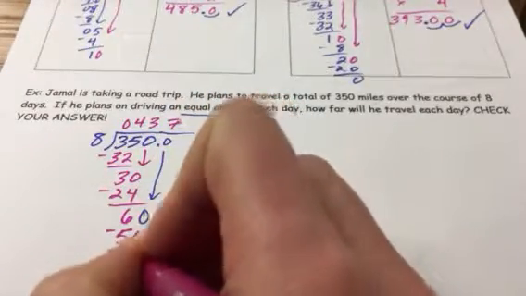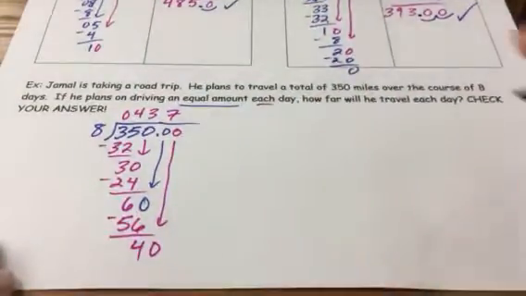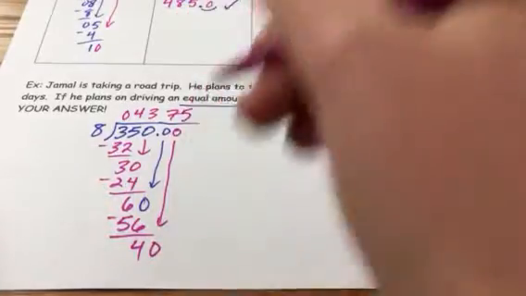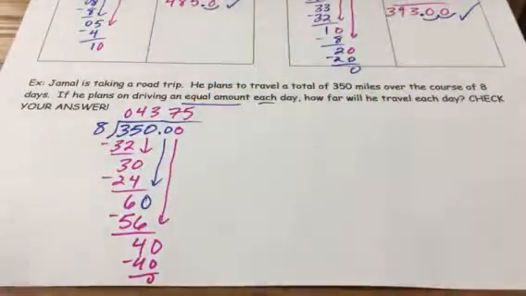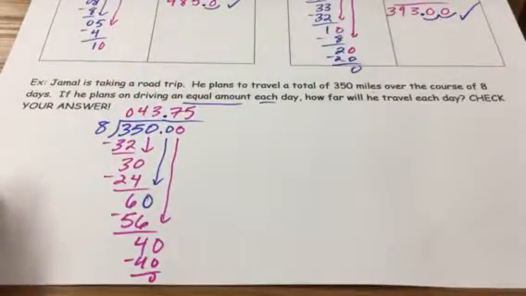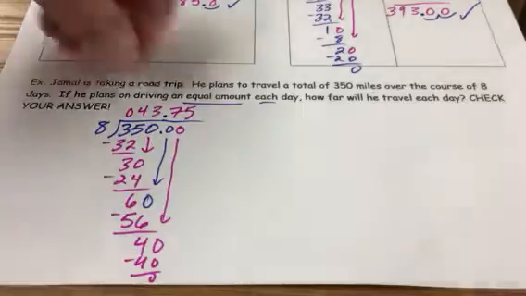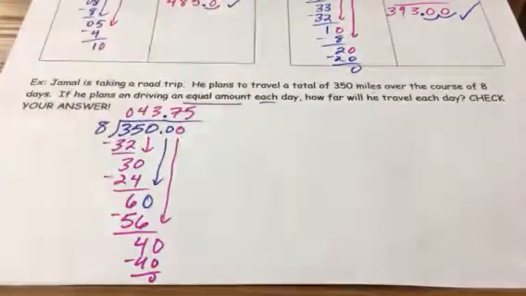I subtract 56. I get 4 as my difference. Bring down another 0. 8 goes into 40 5 times. I subtract 40, 0, which means I'm done dividing, but let's bring our decimal straight up. So what I'm concluding is that it's going to be 43 and 75 hundredths of a mile each day.